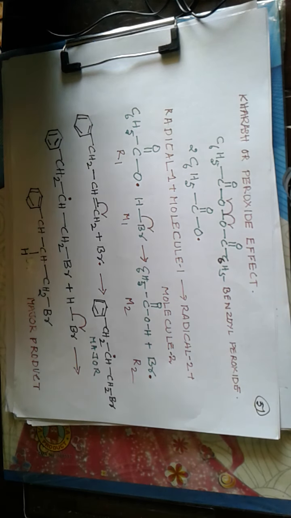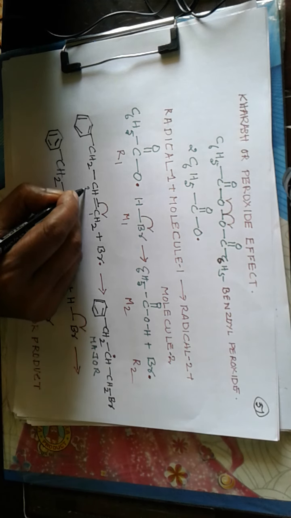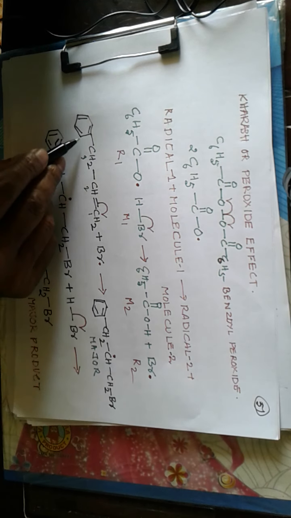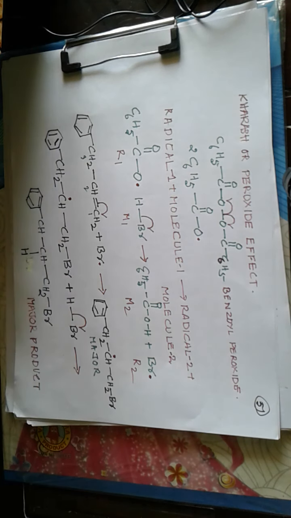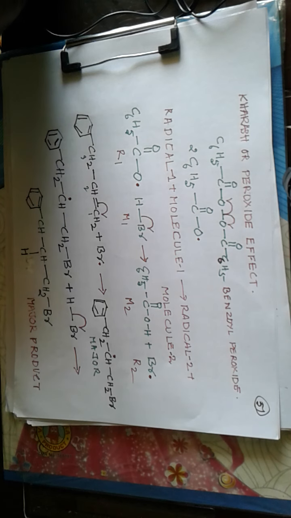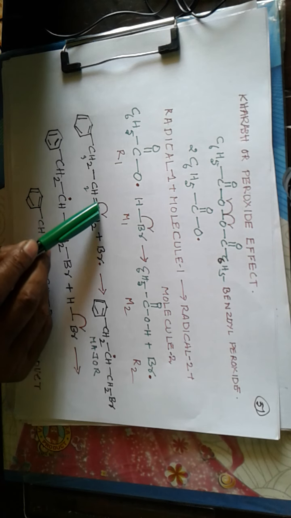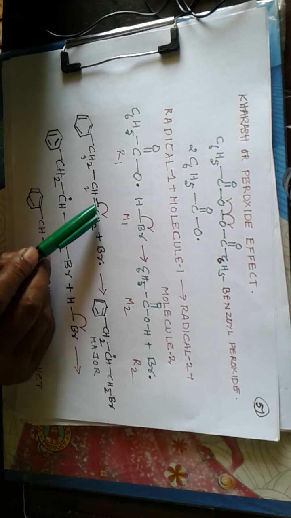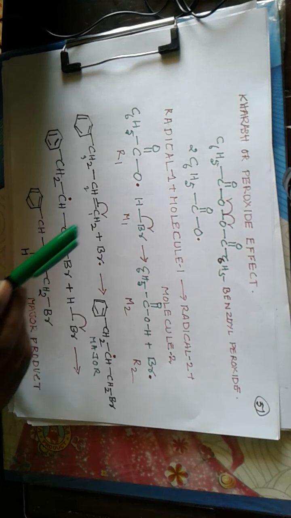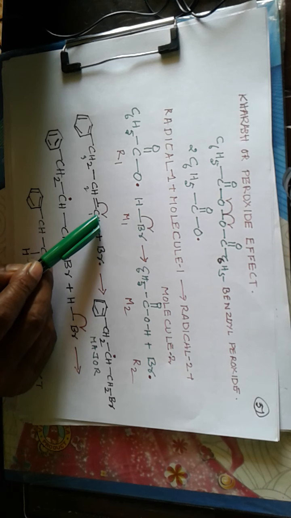Now we can call it 3-phenyl-1-propene, where propene is the parent compound. So you need not remember the name of the compound, just understand the reaction. Now when this unsymmetrical alkene reacts with the bromine radical, during the homolytic cleavage of this pi bond in this direction, we get a radical center here.